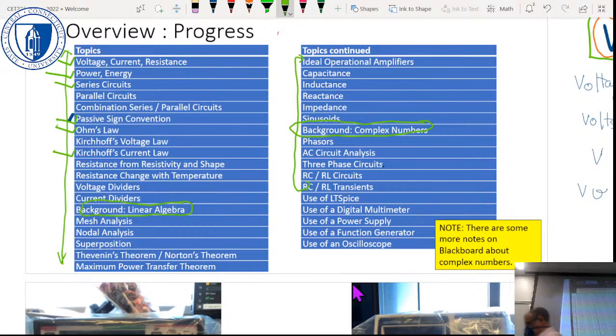Okay, so that loop there that I drew is a loop. It doesn't cross over itself. And it's a closed path. Closed path means it ends where it begins. Okay, so it connects back up to itself.